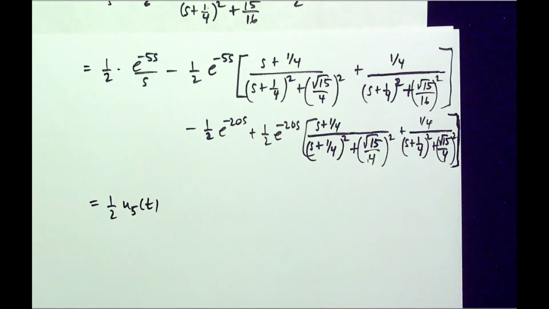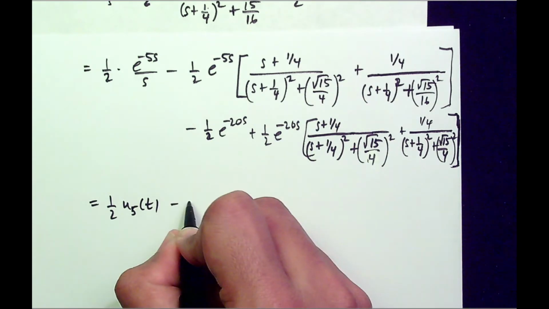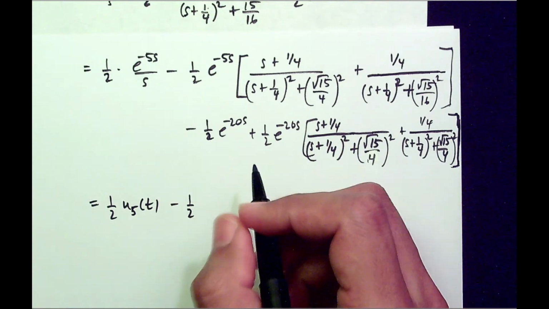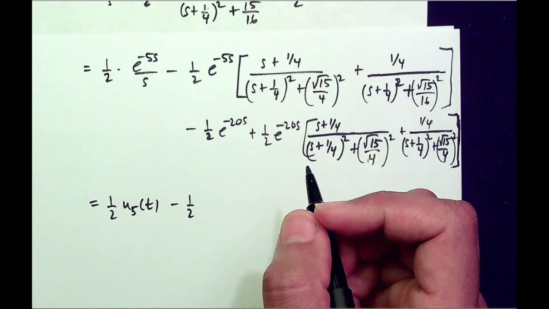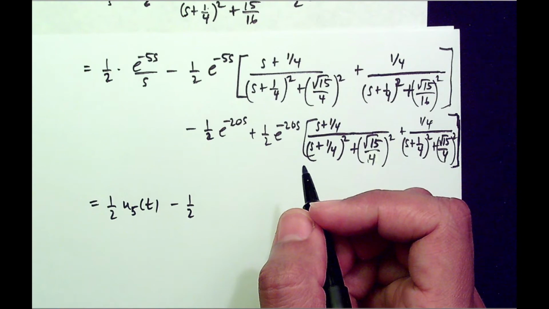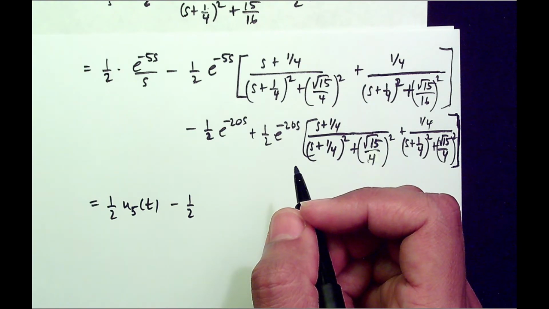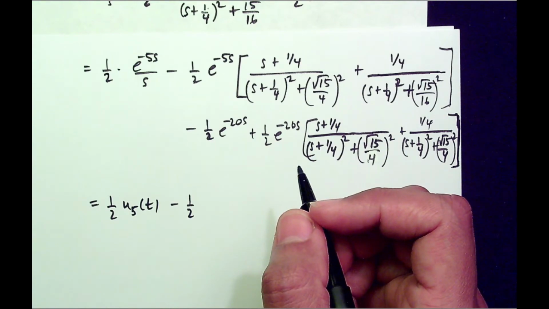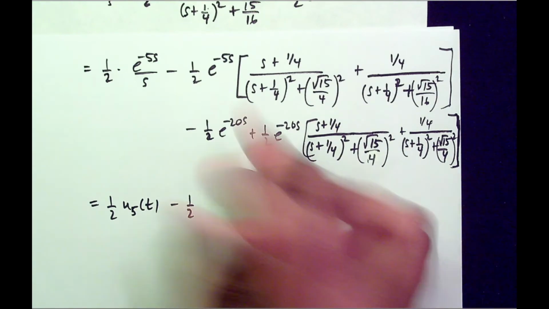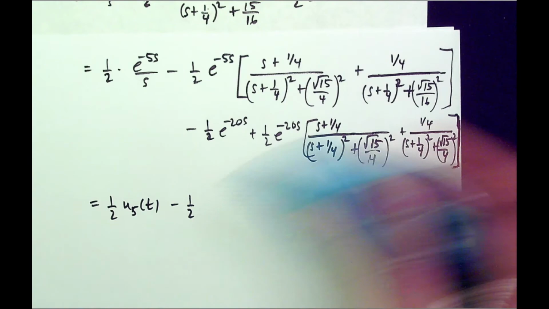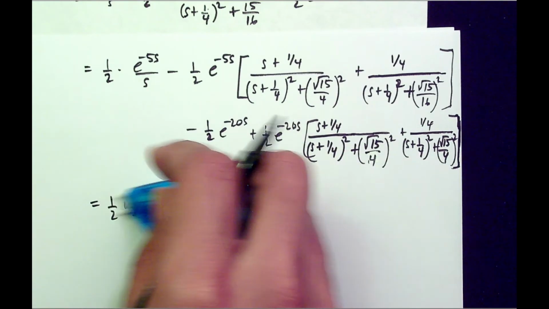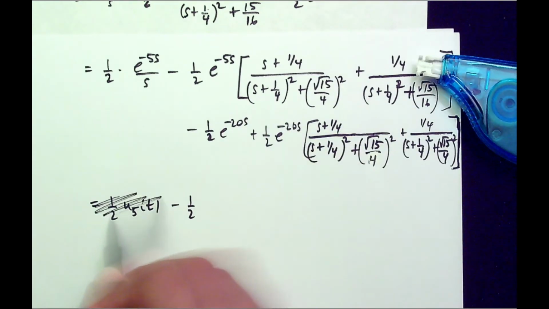Okay, that's just u5 minus 1/2, and then maybe I should have just distributed this. Yeah, let's do that. Let's distribute that first.